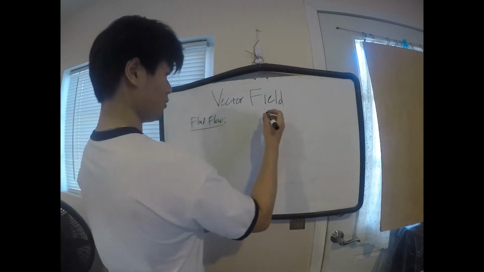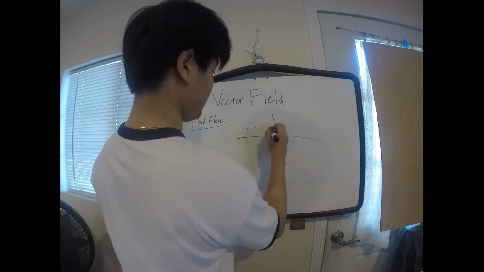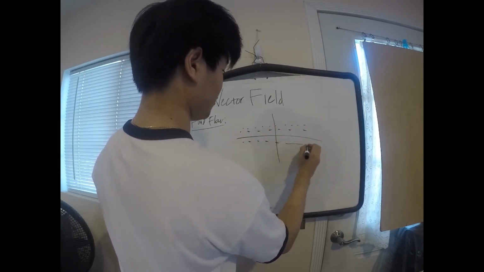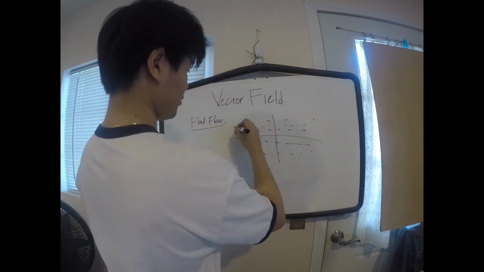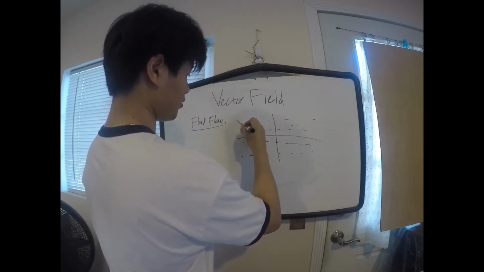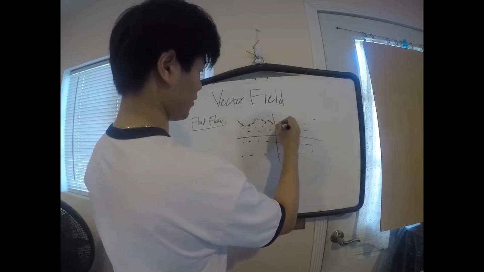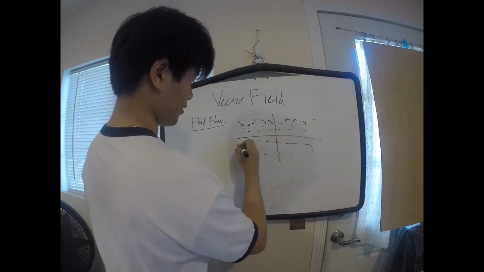So for example, we have a graph right here, and these are the particles. So if the particles move like this, this is the vector field right here.